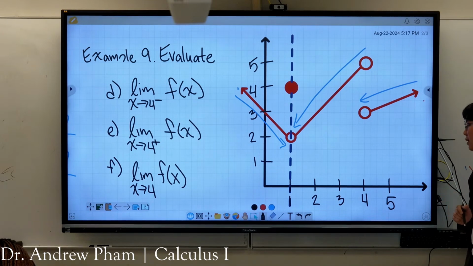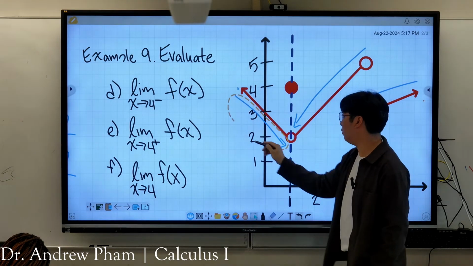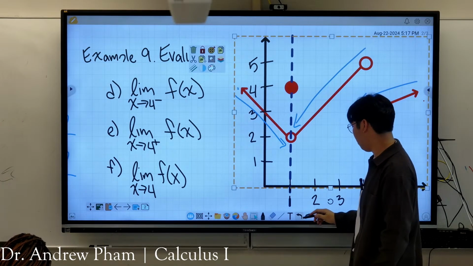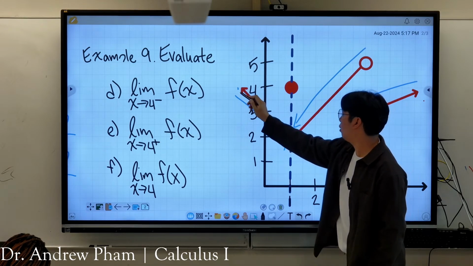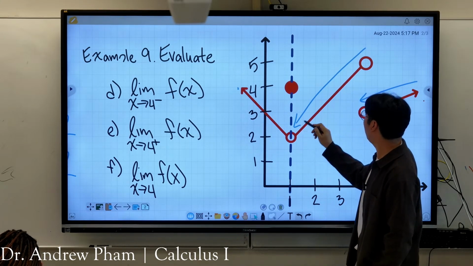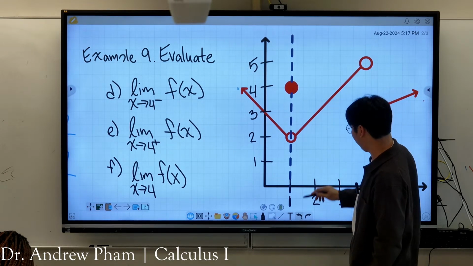So let's see what we can do here. And I'm going to go ahead and erase these old blue lines I had. Trying to keep my graph so I don't erase anything.